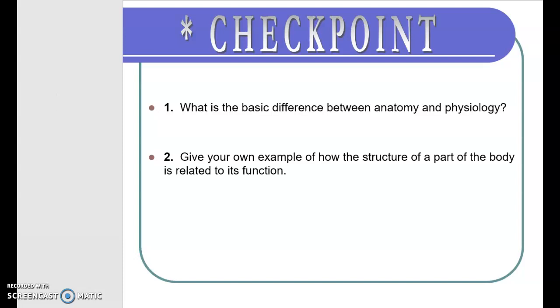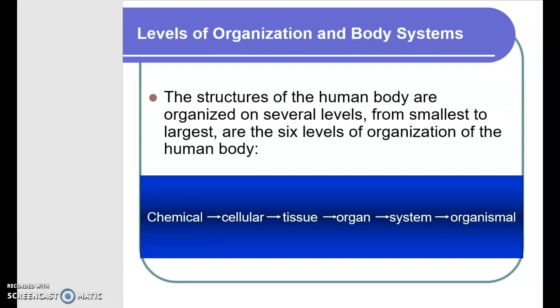So as we continue on, we take a look at the levels of organization and body systems. And again, this is probably a review of what you've heard before in many science classes, whether that was biology or chemistry or today in anatomy and physiology.